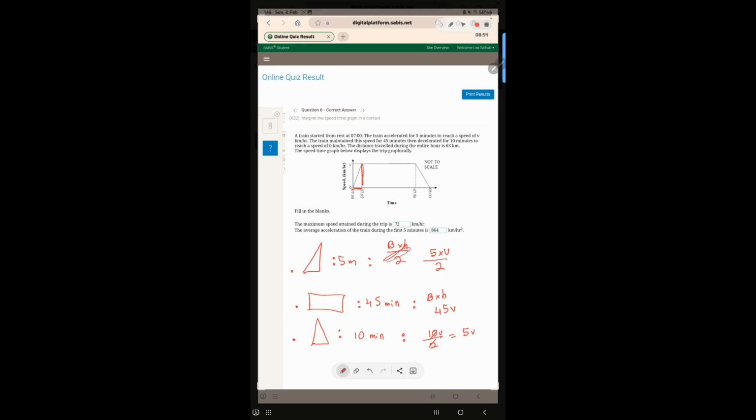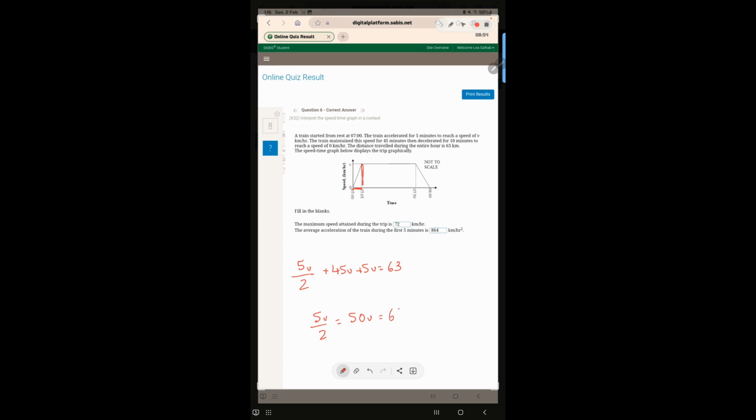Now you're left with these. They already told you that the entire distance traveled during the graph is 63 kilometers. So it can also be written as 5v over 2 plus 45v plus 5v is equal to 63 kilometers. What you want to do here is find v.